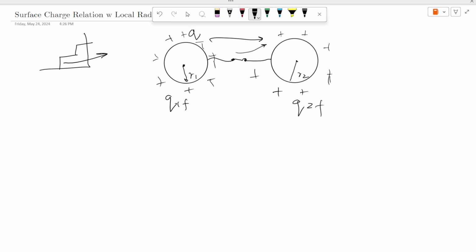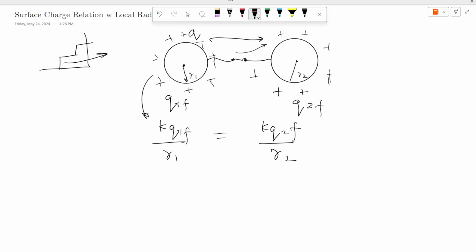We need to consider that the spheres are very far away, so they are not affecting each other's potential. So we just need to consider k q1f upon r1 for the potential of this sphere, and k q2f upon r2 for the potential of this sphere.